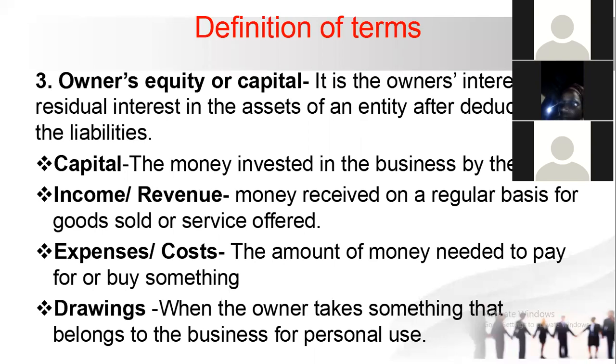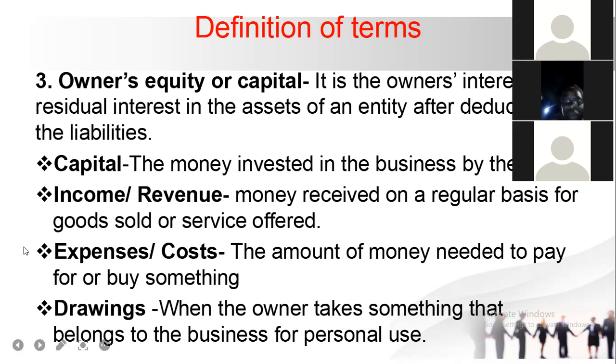There are four components of owner's equity, which are listed below the definition there. The first one is capital. Capital is the money that the owner has invested in the business. You want to start a business, you can't start a business without money. You have a certain amount of money, 500,000 rands perhaps, and you say, I want to dedicate this 500,000 rand to starting this business.